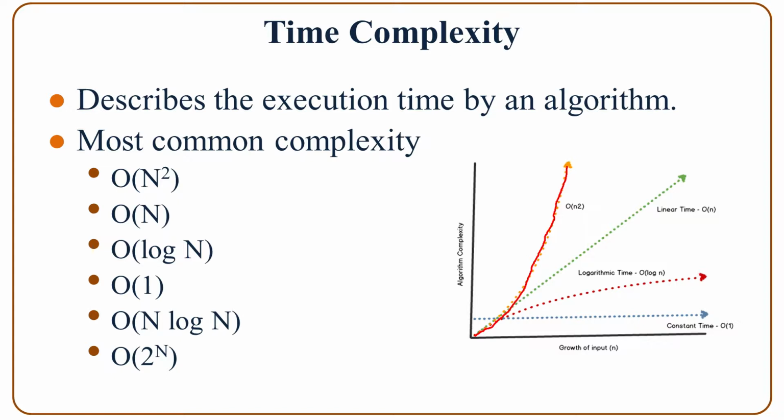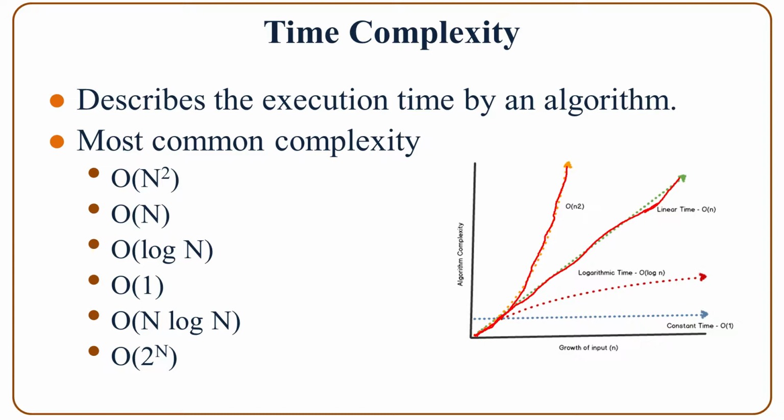The second is O of n, also called linear time complexity. The runtime increases linearly as n increases.